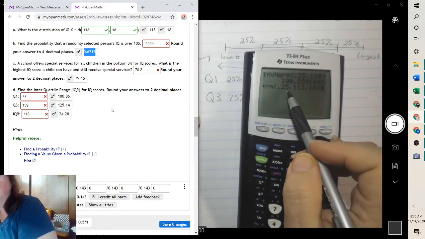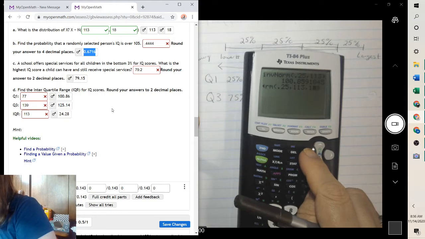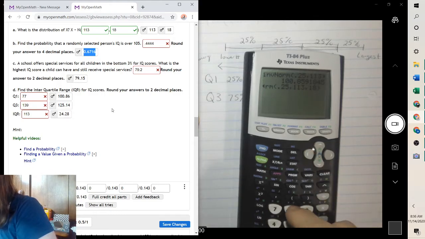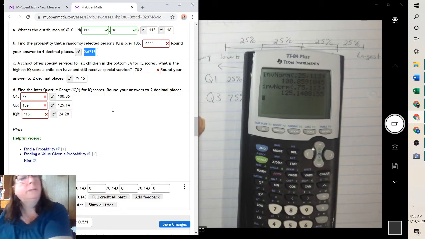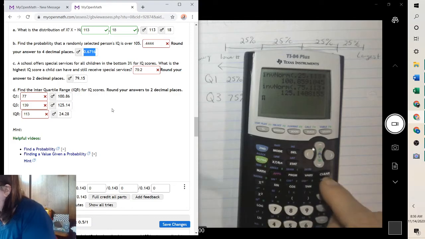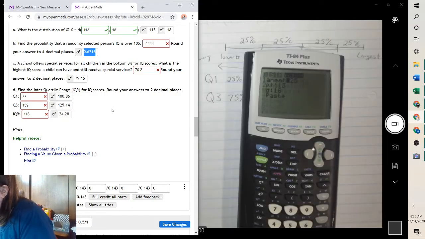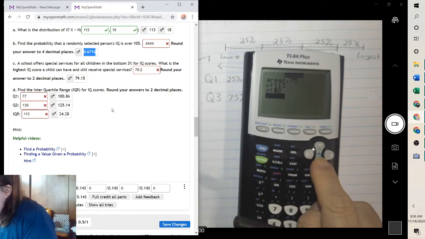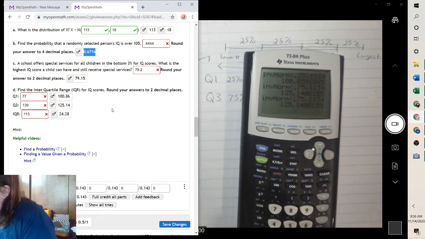So we change that 0.25 to 0.75. You get 125. You could have also gone in second, distribution, down to inverse and changed this to a 0.75. And there it is.